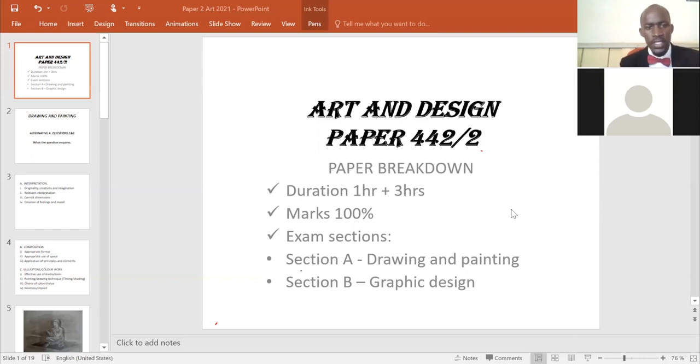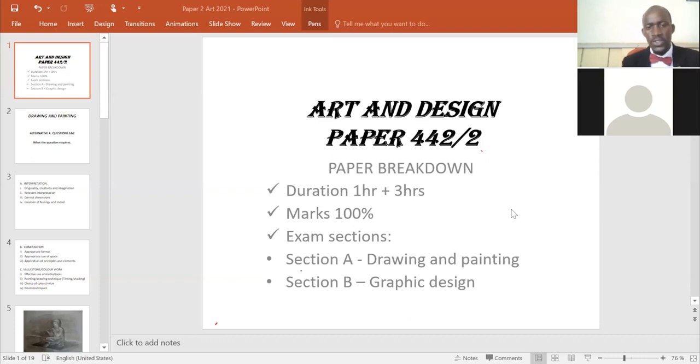Now, it is good that the students note that as far as art and design is concerned, this is the backbone of an art exam. It is the paper that proves that you are able to handle not just the examination, but art as a subject through practical work. Therefore, students must put so much emphasis and effort into this paper.